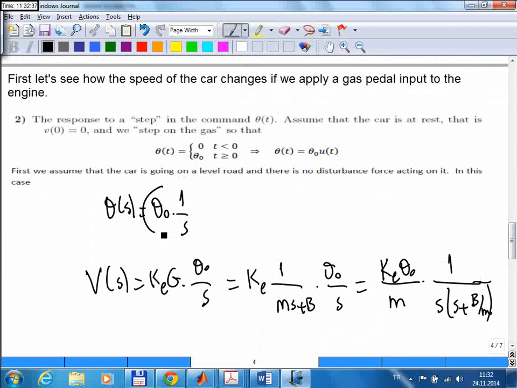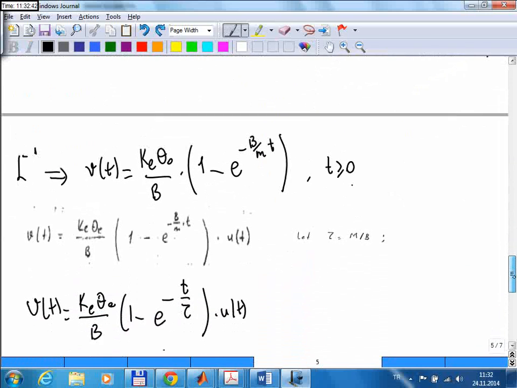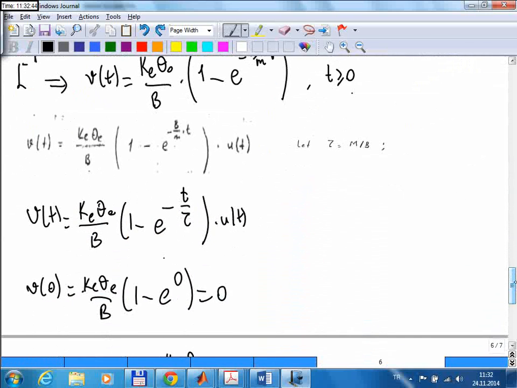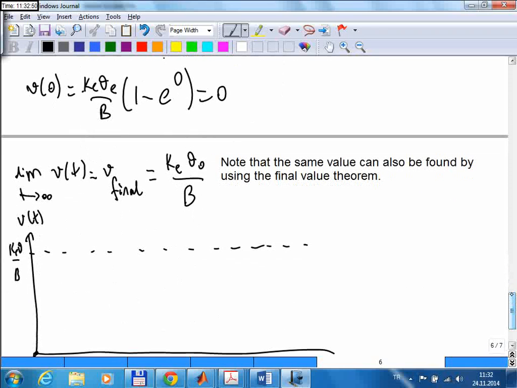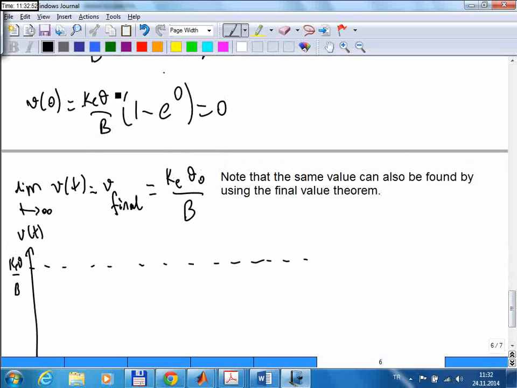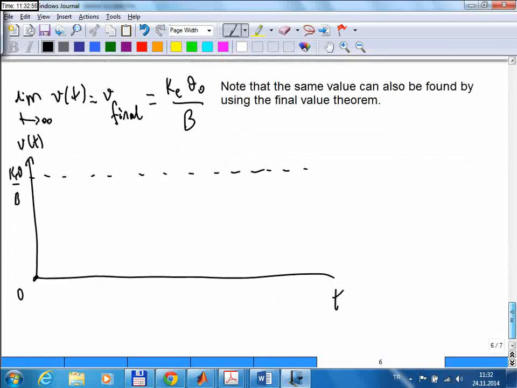So this is what I have, theta 0. So let me correct for that. Okay.